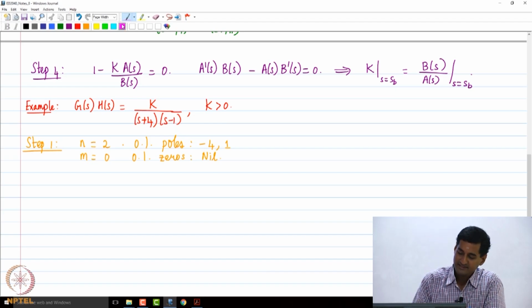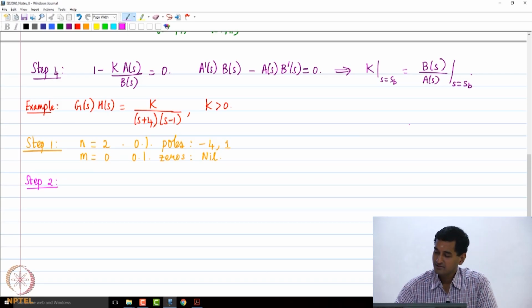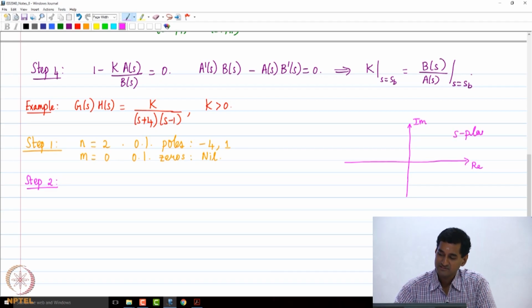So let's look at the second step. The second step is to locate the part of the real axis that lies on the root locus. Let's draw the S plane and figure out what happens. The 2 poles were at 1 and -4.